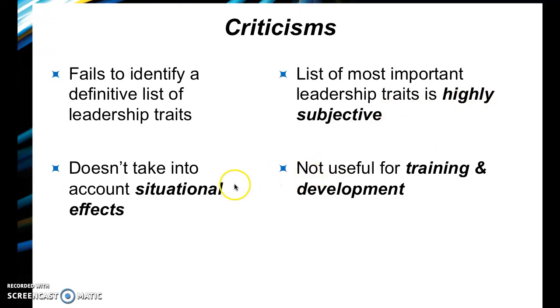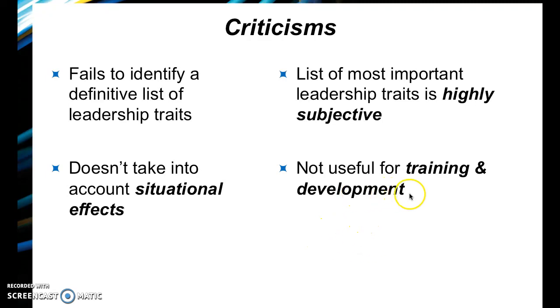It also doesn't take into account situational effects, meaning that as you examine a context or a situation, sometimes that influences what a leader needs to do, and it's not just about the trait. Sometimes it's about the followers.